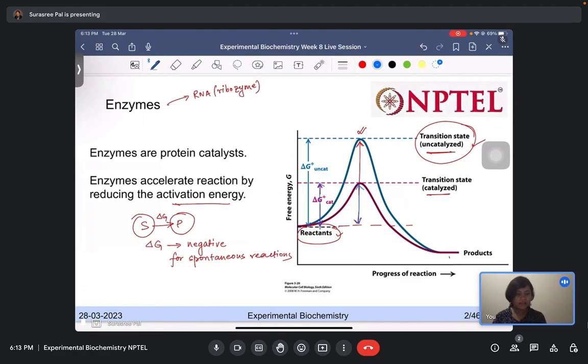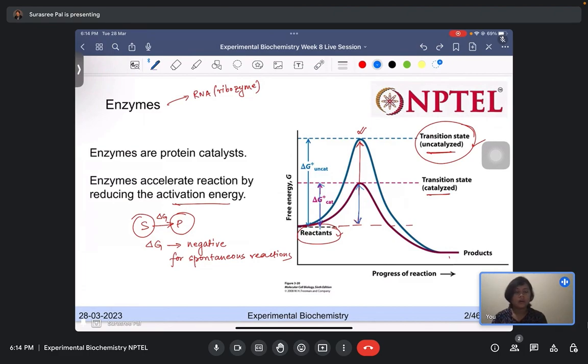So we can see when there is presence of enzyme, this is how the curve is looking like, right? So this is how the curve is looking like. Therefore the substrates still have to reach their activation state or transition state, but it requires less energy than when there was no enzyme.